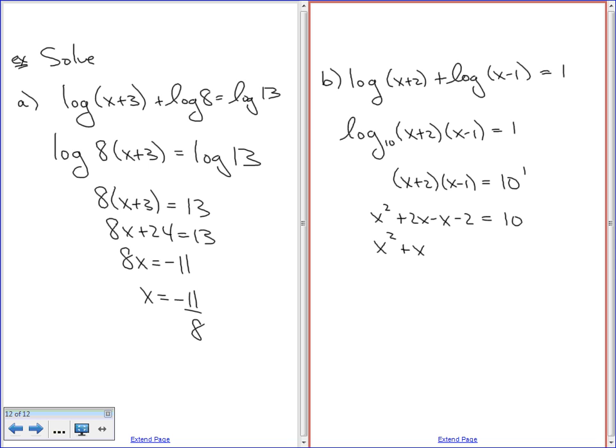Bringing that 10 across to the other side becomes a negative 10. To solve quadratics, I look to factor. If I can't factor, I'd use my quadratic formula, but this one factors easily to x plus 4 times x minus 3. Solving those two factors, either x is equal to negative 4 or x is equal to positive 3.